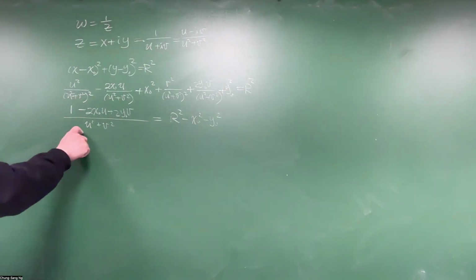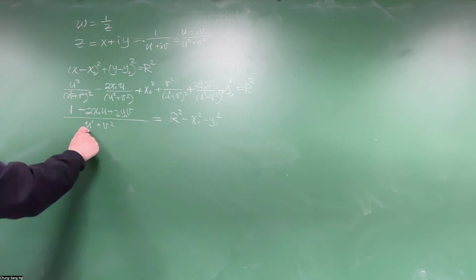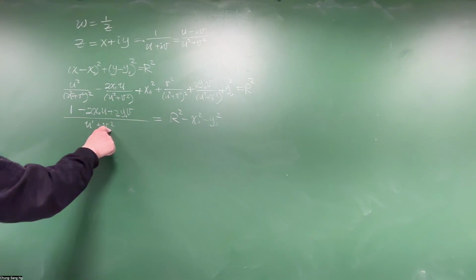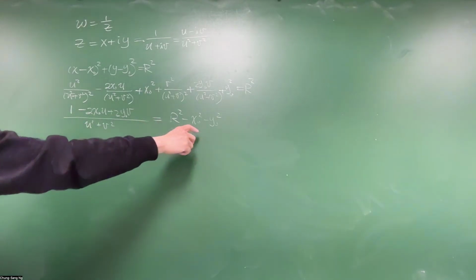Now you can almost see that it's a circle, because if you multiply this to the other side, we have V squared plus U squared plus V squared.